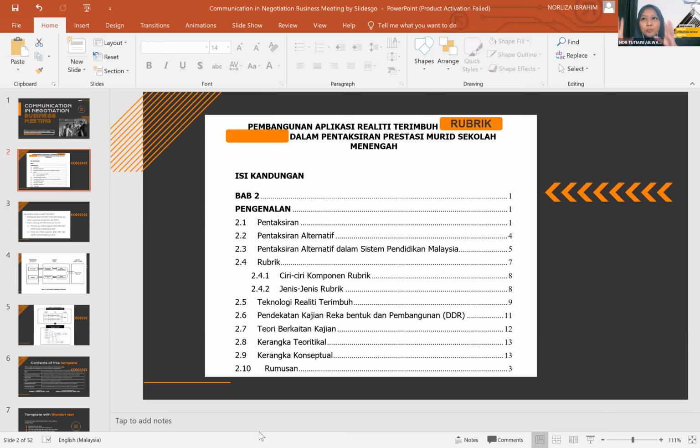Idea dia, rubrik tu untuk belajar. User boleh belajar apa itu rubrik, type of rubrik, benefit all kind of the rubric. Then the second one, the user can develop their own rubric using my apps. That's the idea.